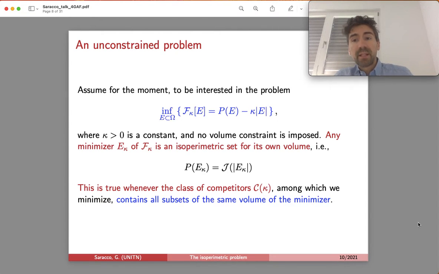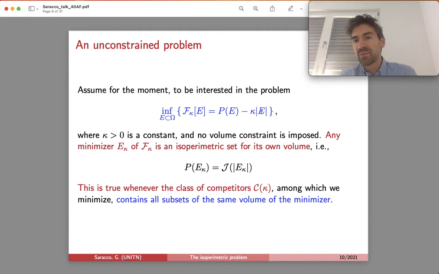And well, take a minimizer E, then E is also an isoperimetric set for its own volume, and this is because it is minimizing this energy, perimeter of E minus kappa times the volume of E, among all subsets of omega. So it is minimizing as well among all subsets that have its own volume. So in the end, a minimizer of this problem is an isoperimetric set for its own volume. And well, this is true now because we're minimizing among all subsets of omega, but this is true in general whenever the class among which you minimize contains all subsets of the same volume as the minimizer, okay?